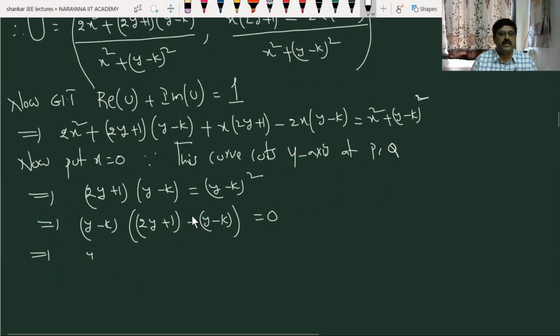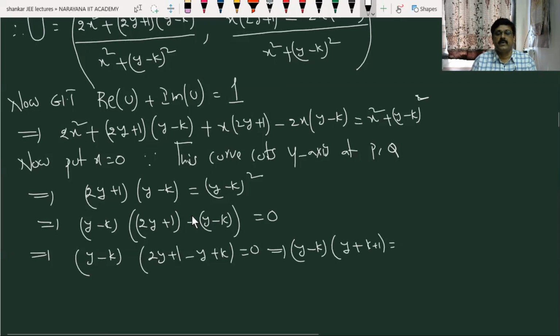So you will be having like this, y minus k into, what is this students? 2y plus 1 minus y plus k is equal to 0 implies y minus k of y plus k plus 1 is equal to 0 students.